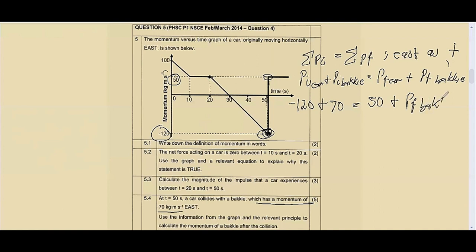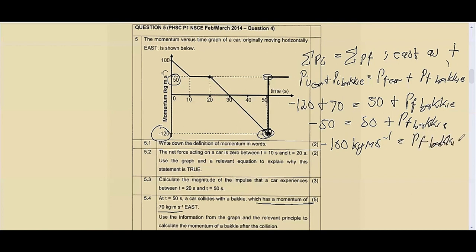That's what we are looking for. Calculating here, negative 120 plus 70 is negative 50, and then we have 50 here, then Pf for buggy. Now we can take this 50 and transpose it over to this side. That's negative 100 kg meters per second equals Pf of buggy.